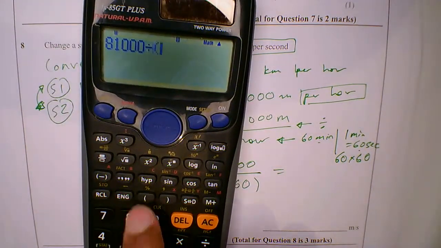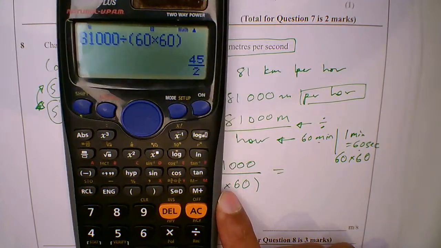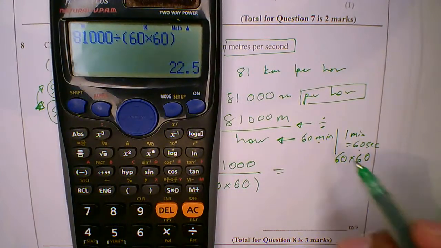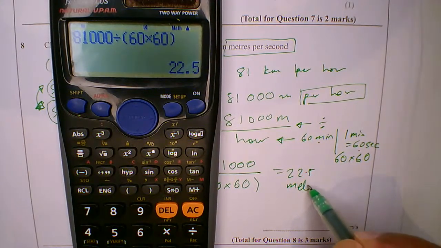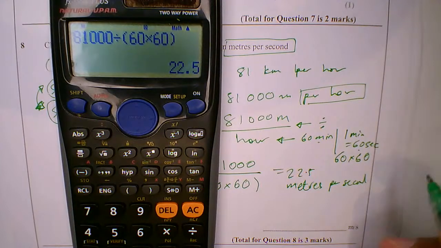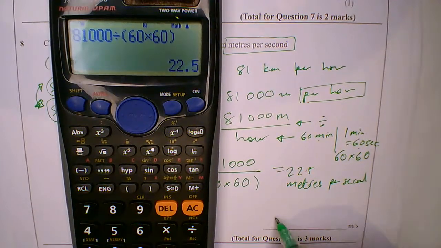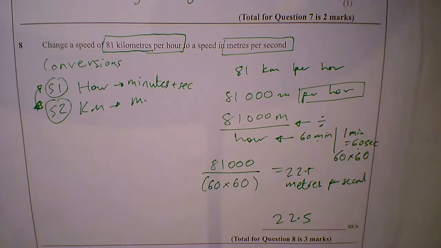81,000 divided by 60 times 60, close bracket. That gives me 22.5 meters per second. Okay, so nice, 3 marks there for that question.